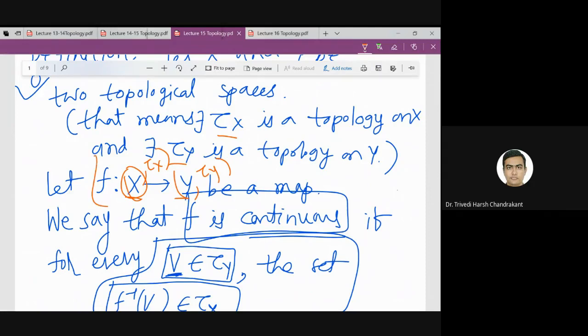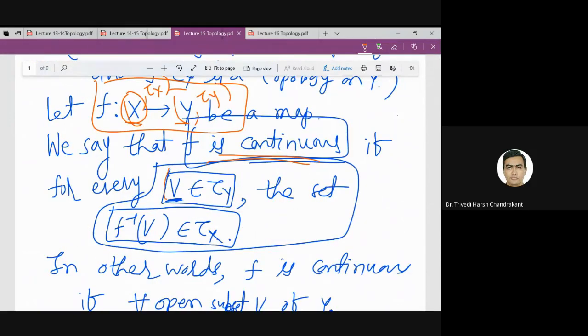So if I have such a function, then we say it is continuous whenever V is an open set in Y, then the inverse image of V should be open in X. So that is exactly this criterion.